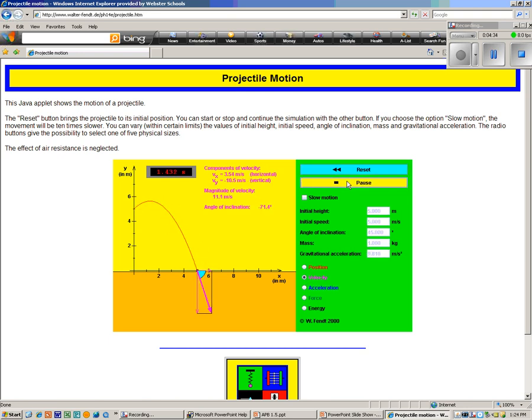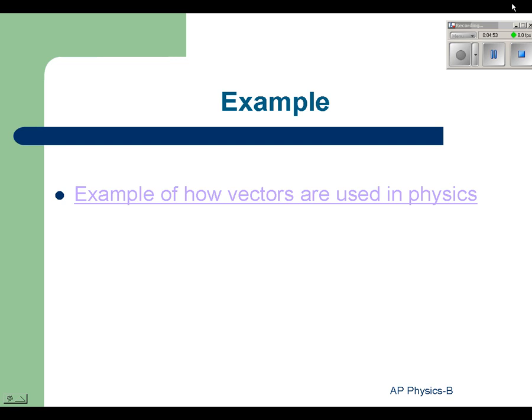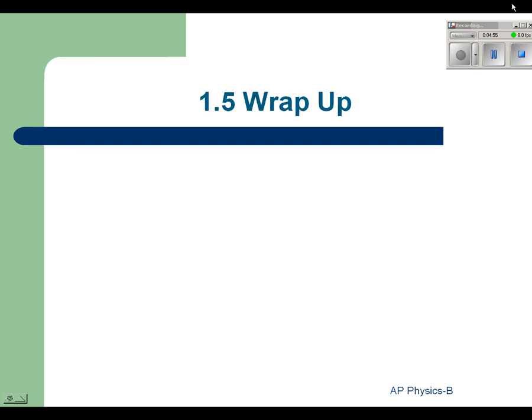So these vectors are a way of helping us study physics, understand exactly what's going on in a particular motion. And again, I'm just giving you examples of vectors. I don't expect you to fully appreciate what these vectors mean at this point. Eventually you will.